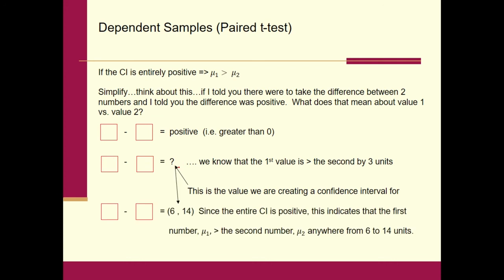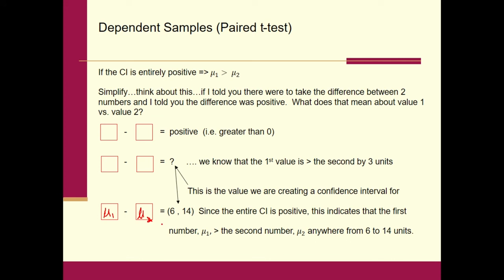So for instance, let's say our confidence interval turned out to be 6 to 14. The first thing that you should pay attention to is that since the entire confidence interval is positive, this indicates that the first number, mu1, so if this was mu1, this is mu2, okay, that was supposed to be a 2. We know that mu1 is greater than mu2 anywhere from 6 to 14 units, okay?